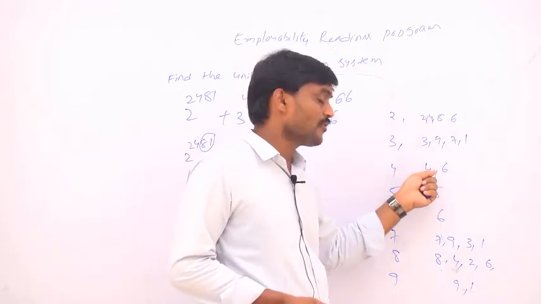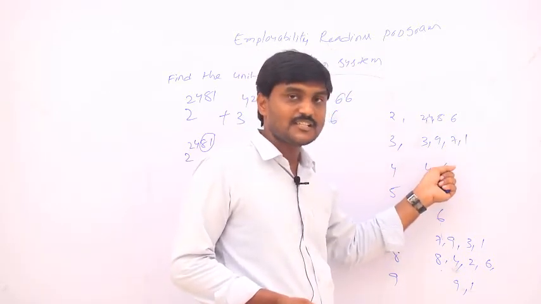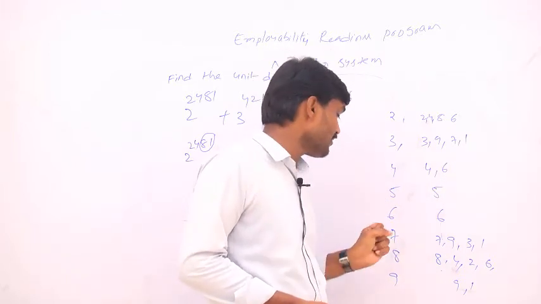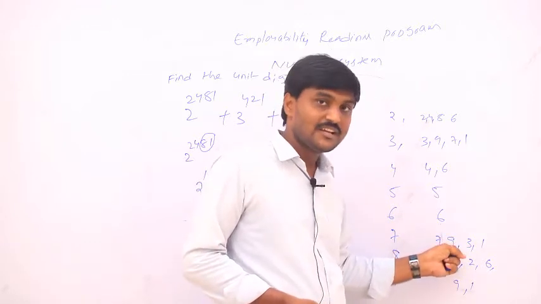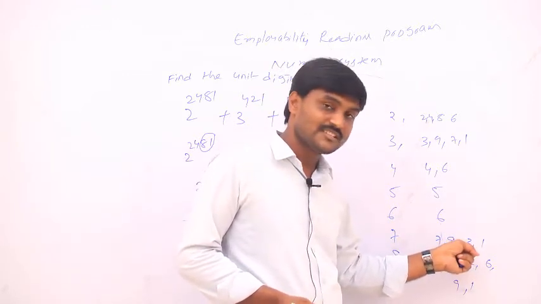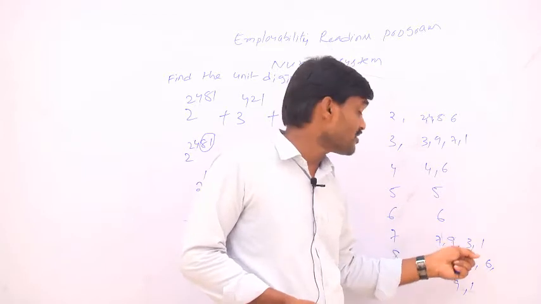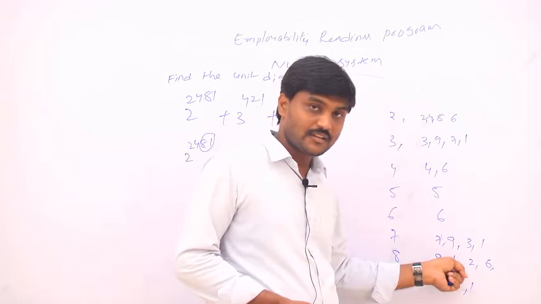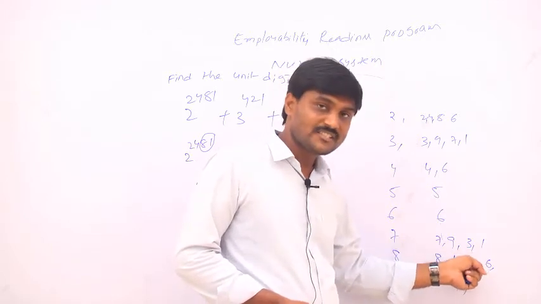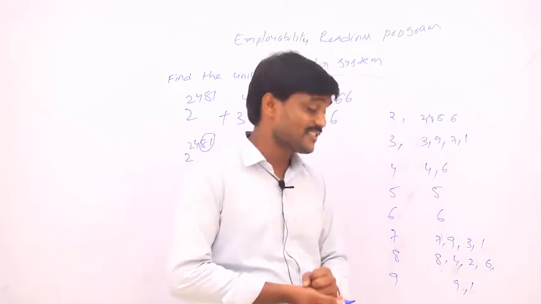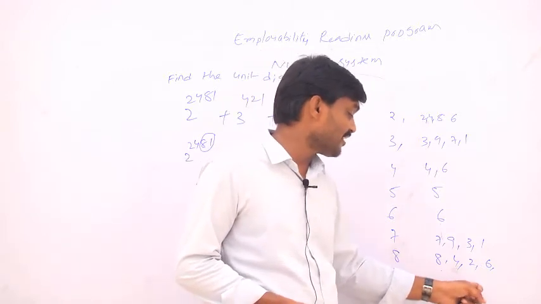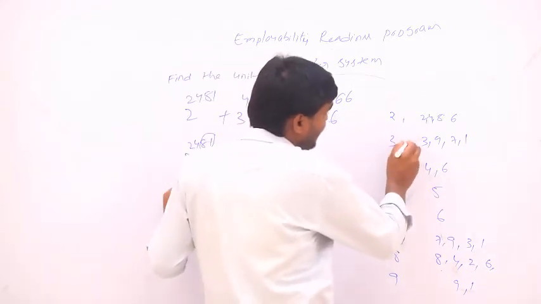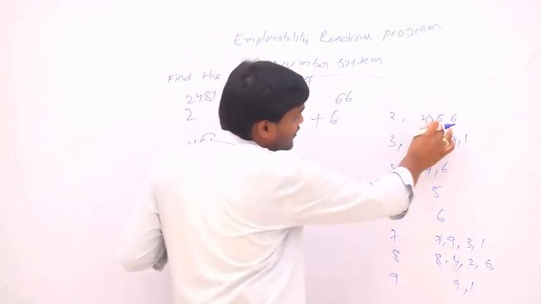For 4 power, 4 and 6. 5 power any number is 5, 6 power any number is 6. 7 power: 7, 9, 3, 1. 8 power: 8, 4, 2, 6. 9 power: 9 and 1. So for 2 power any number, these are the unit digit possibilities.